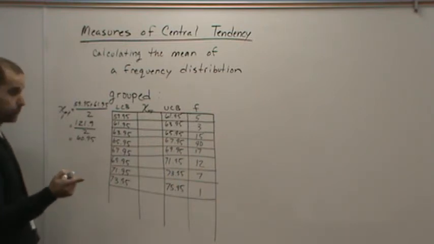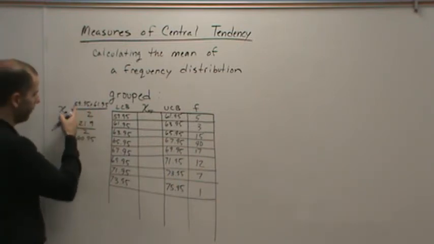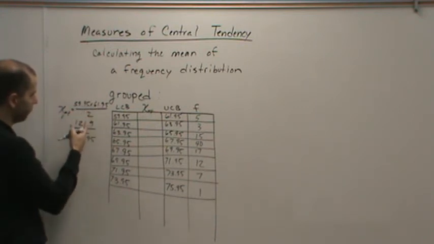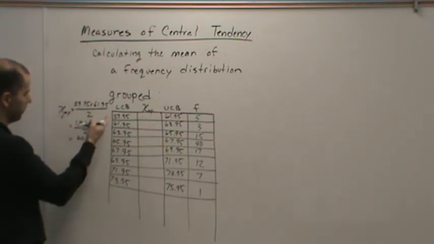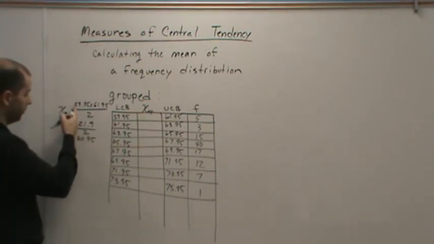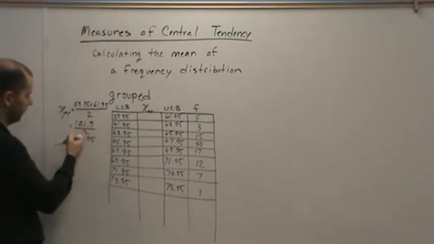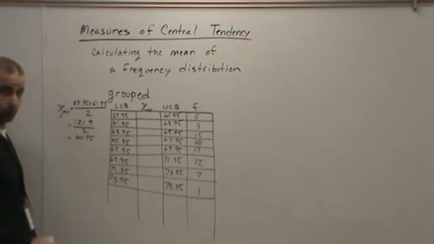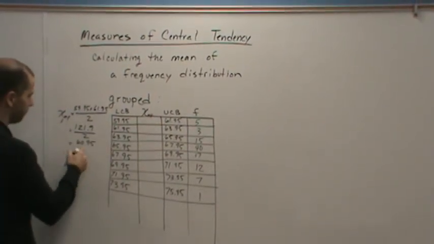Which should make sense, because if we're halfway between 59.95 and 61.95, the difference between these two is 2. So we just count up 1. If we count up 1 from here, it gives us 60.95. Makes sense. So this is our midpoint.